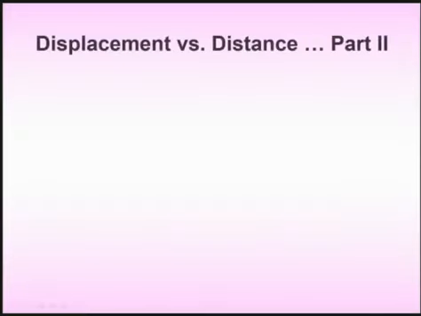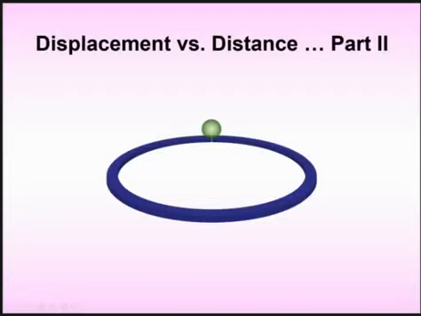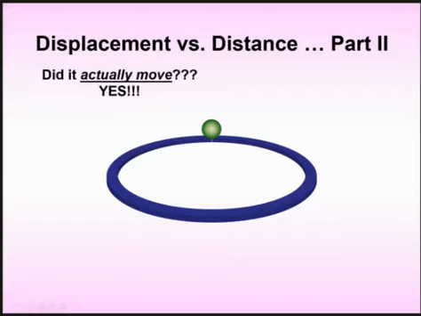Oh, here's another example. Everyone, look at this. Let's say that you have an air track and you have an object on it. Did it move? So what do we have for sure? Do we have displacement or distance? It moved. I saw it. It piled up some traveling in space.